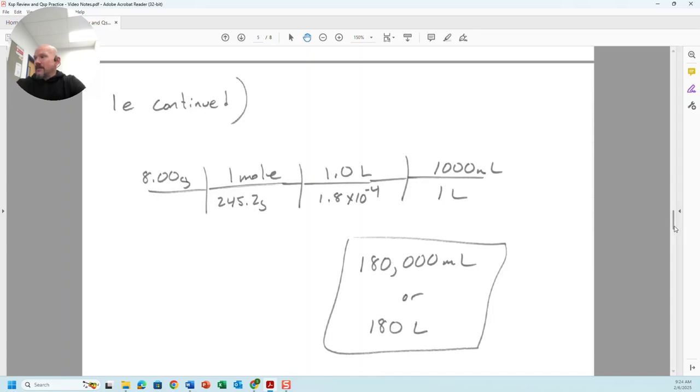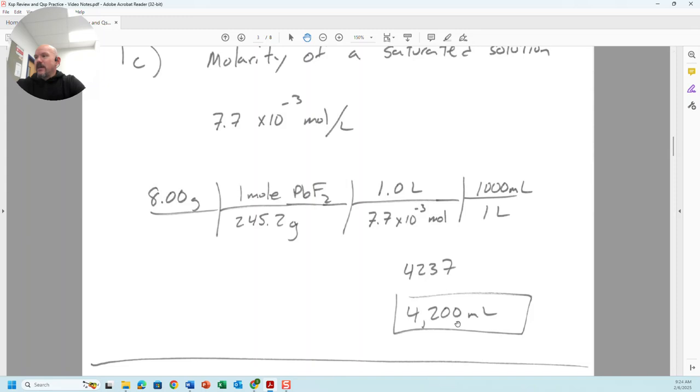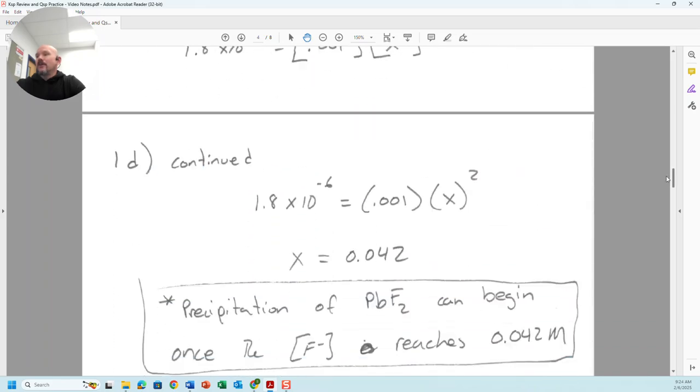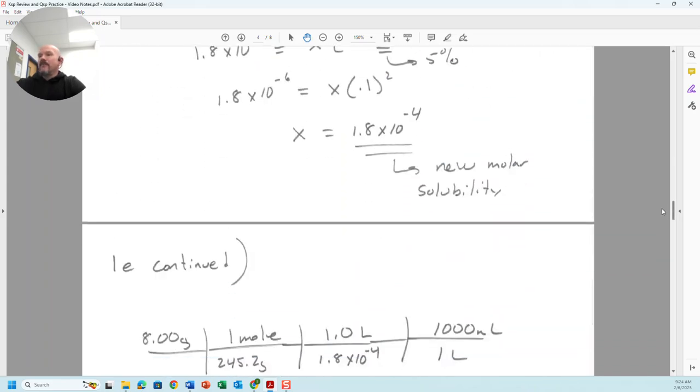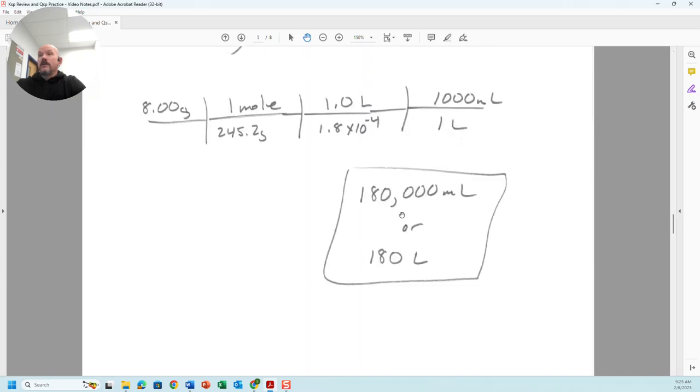In part C, we only needed 4.2 liters, but now we need 180 liters. So you can see how the presence of that common ion makes the salt a lot less soluble. That's 180,000 milliliters.